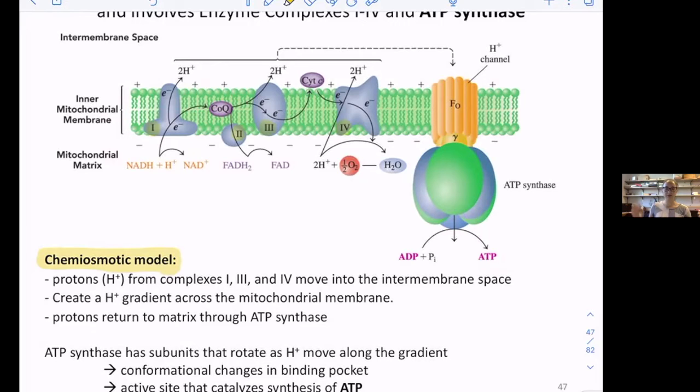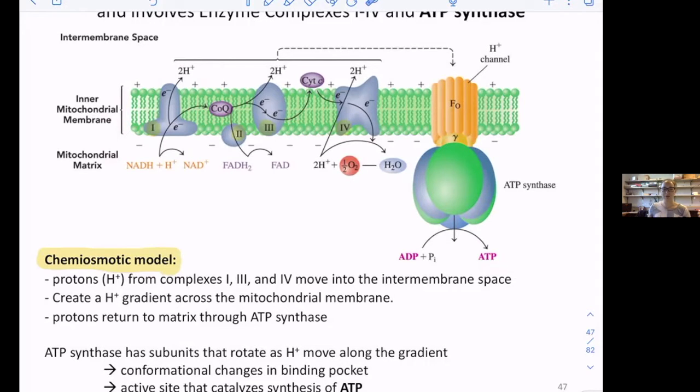They move protons, remember, from NADH. We move hydrogens, H pluses, from the mitochondrial matrix, from NADH or FADH2, into the intermembrane space. That creates a hydrogen gradient across the mitochondrial membrane. So one side is hydrogen deficient, one side is hydrogen rich.